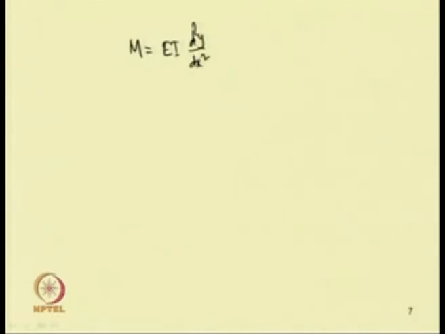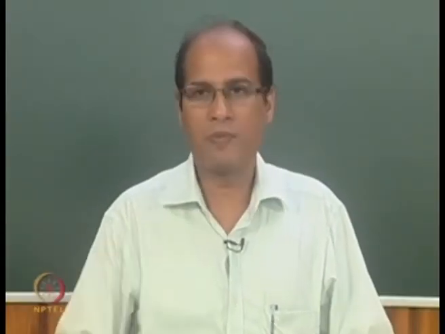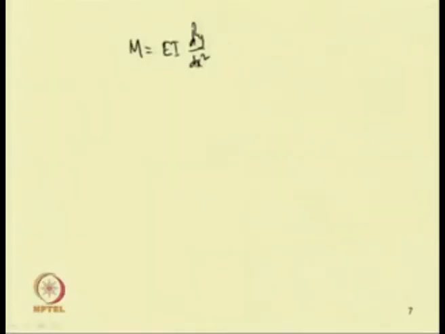Till now we have not considered time, but in the actual case y is a function of both x and time. So instead of writing M equal to E I d square y by dx square, one should write M equal to E I del square y by del x square, because y is a function of both time and space coordinate x.